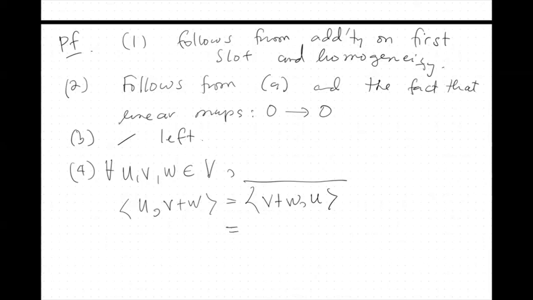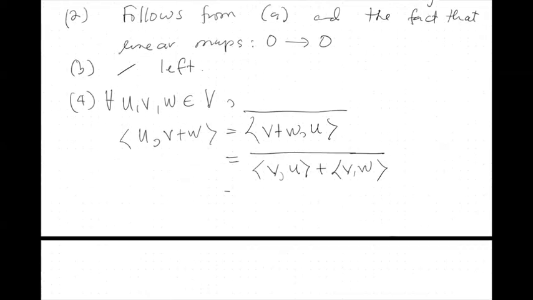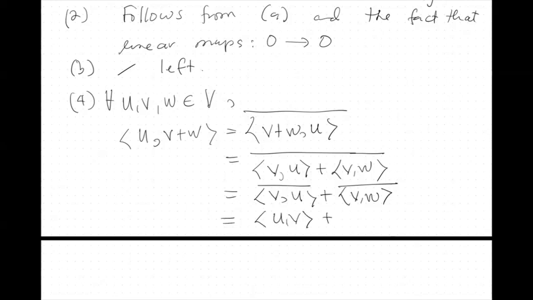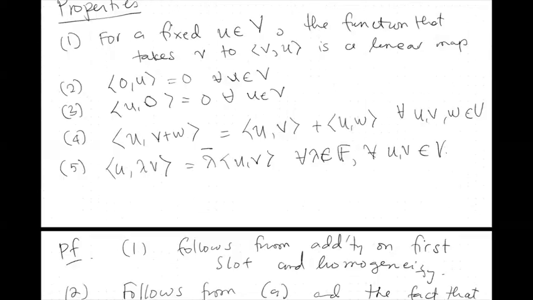Now we just copy the conjugate and apply the property from earlier. This is the conjugate of the inner product of v and u plus the inner product of w and u. Again, we can take the conjugate term by term, and again we get the inner product of u and v plus the inner product of u and w, which is what we want.